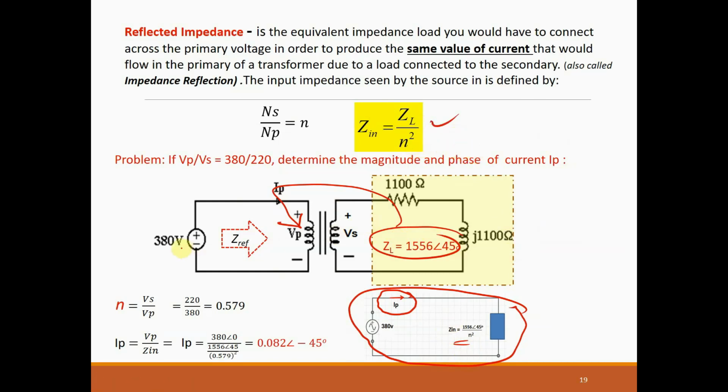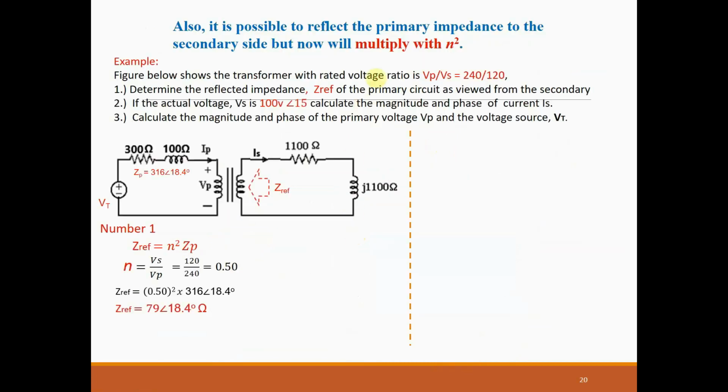Now, is it possible to reflect the input impedance into the secondary side? Right? Is it possible? Let us have this example. Now, in this case, we have a voltage rating of VP over VS. So we can get the N, right? But in this question, the actual input voltage is 100 only.